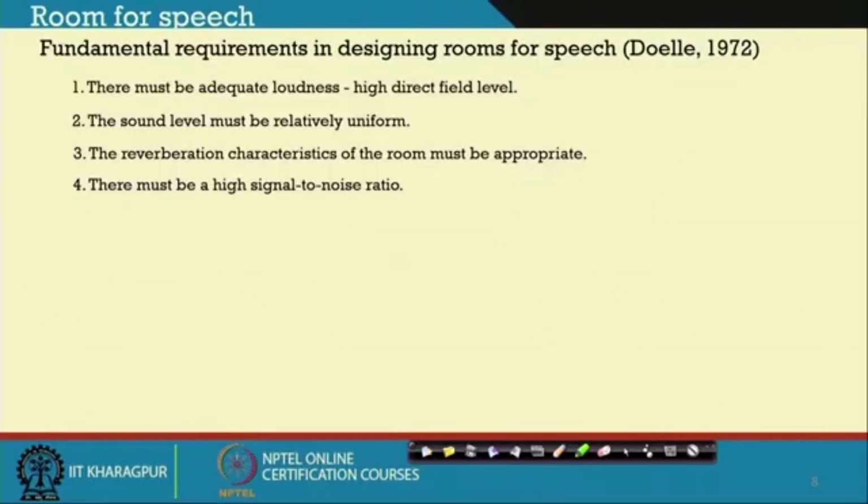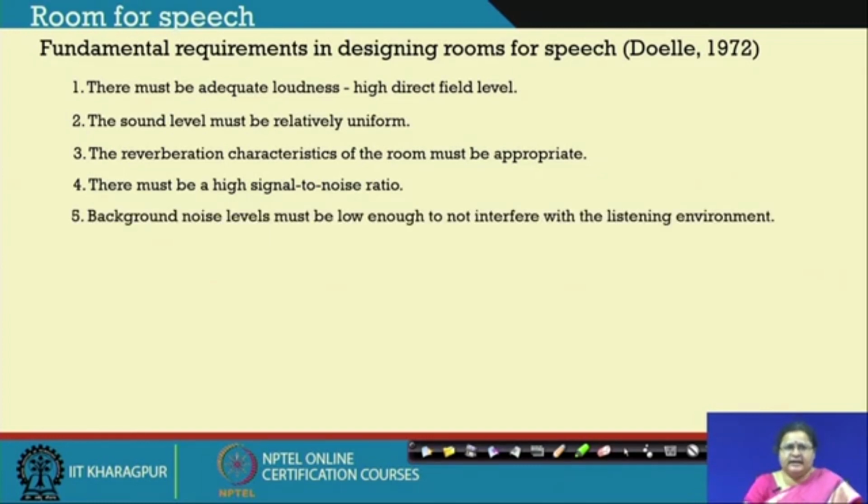Then there must be a high signal to noise ratio, which you have learnt in the previous slides: if you have a high signal to noise ratio, the difference value does not affect the signal. This could be achieved when background noise levels are low, and they should not interfere with the listening environment.